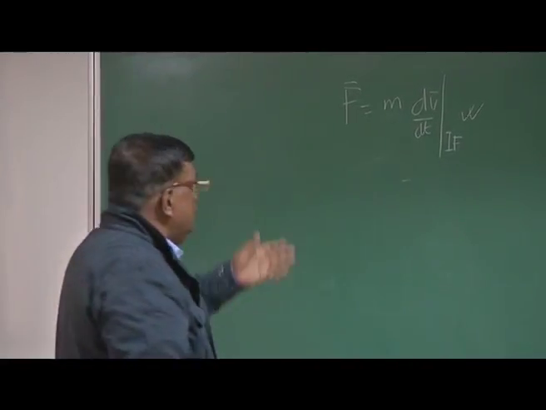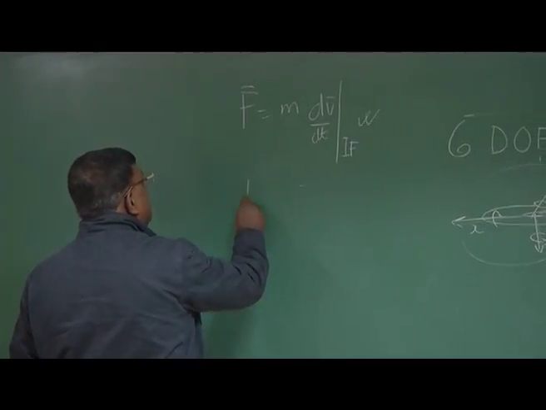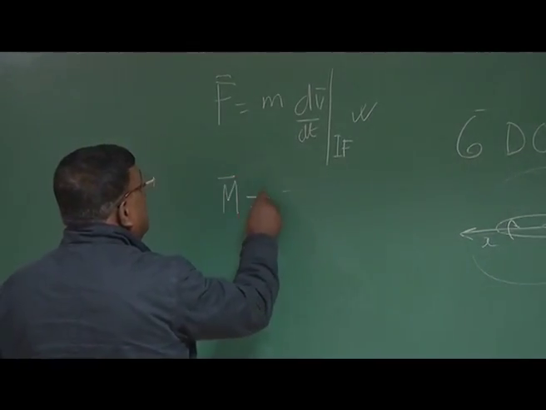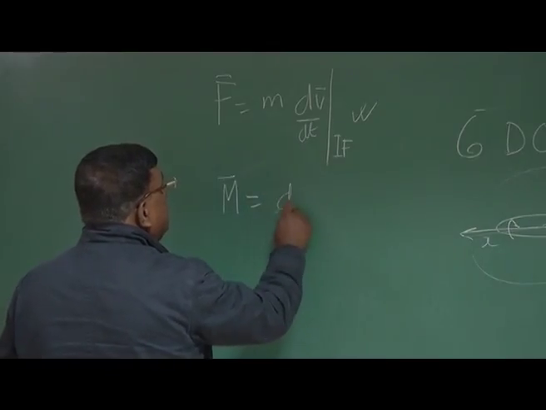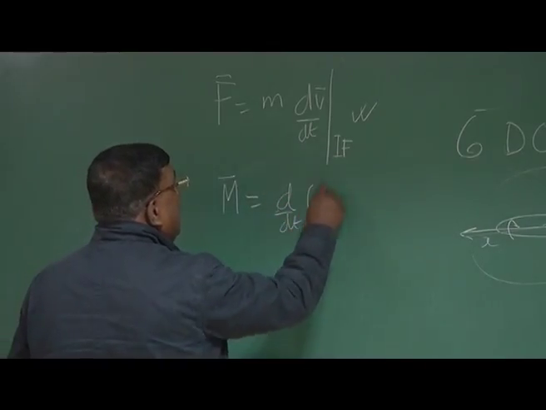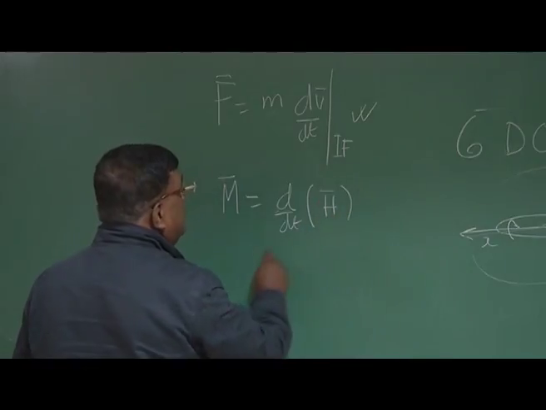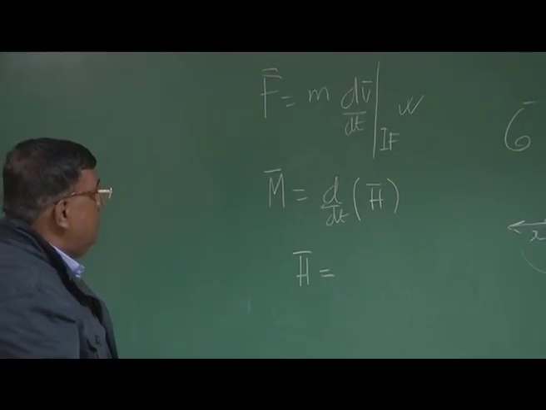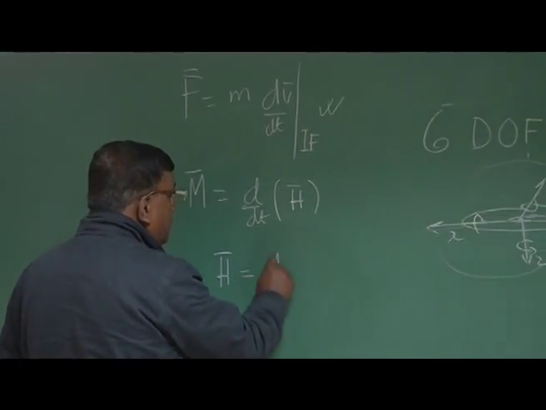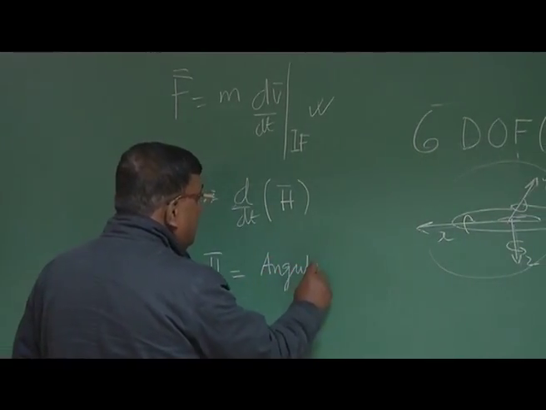Okay? In a similar fashion, you know this moment, and they are related like this. Rate of change of h. H is what? Any guess? What is h? Could you recall? H is angular momentum.